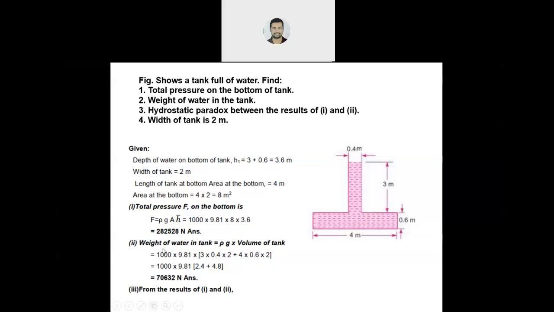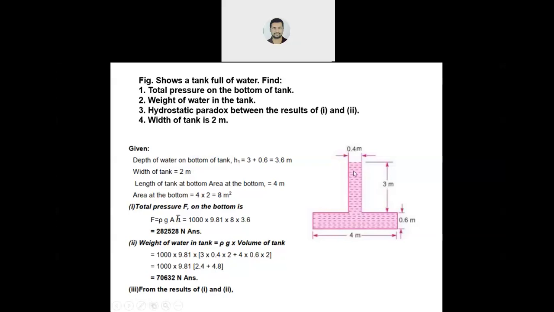Next, we have to find the weight of water. How will we find the weight of water? Volume into rho g. This will give you the weight of water. So rho is 1000, g is 9.81. Now what will be the volume of the tank? This height is 3, this width is 0.4 and the perpendicular direction is 2 meter.